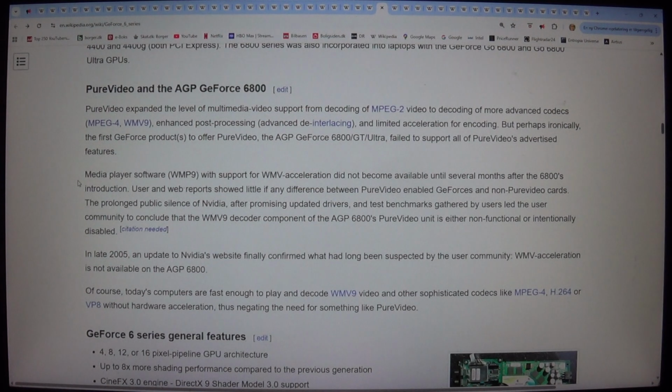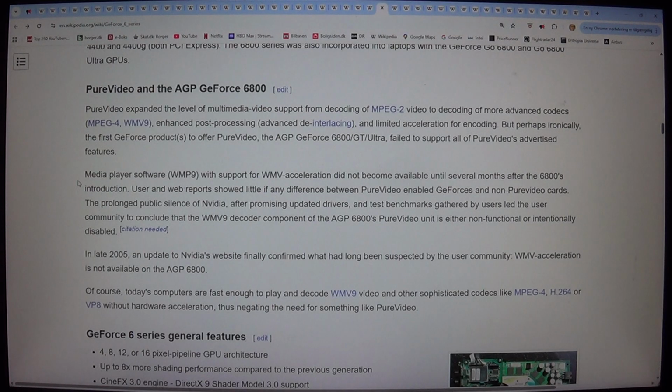Media player software, WMP9, with support for WMV acceleration did not become available until several months after the 6800's introduction. User and web reports showed little if any difference between PureVideo-enabled GeForces and non-PureVideo cards.